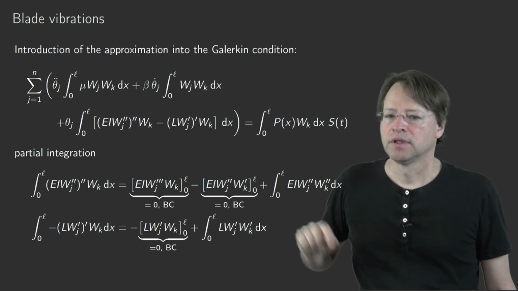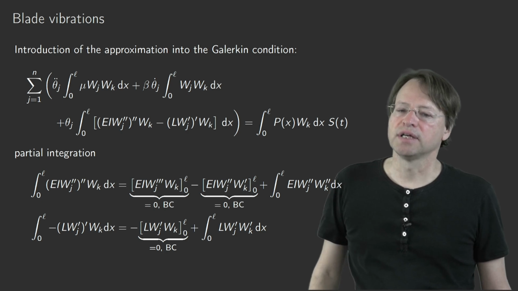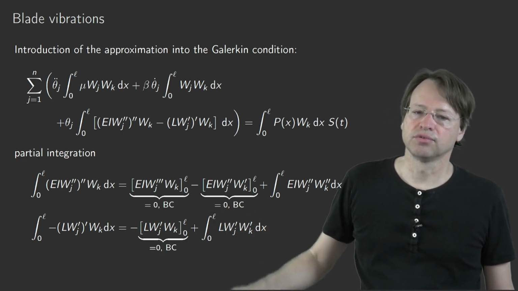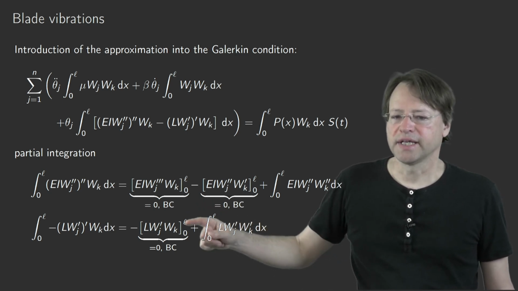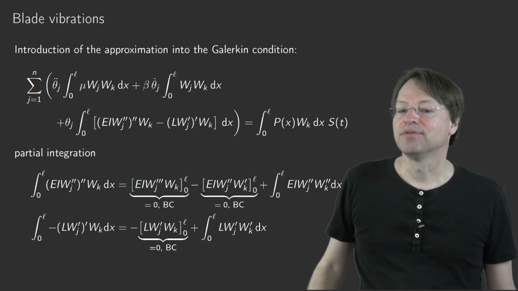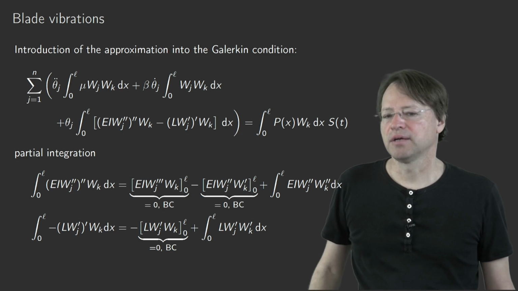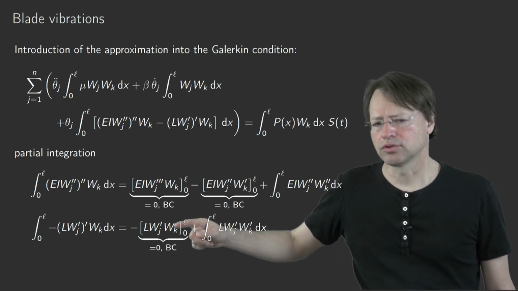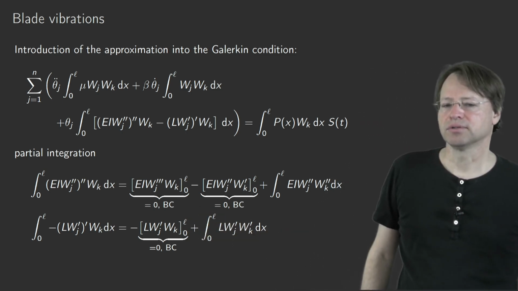And for the other term, we will see that also L vanishes for x equal to L. The centrifugal force, or the reaction force, is 0, and due to the clamped end, we have wk equal to 0, also wj prime equal to 0 for x equal to 0.